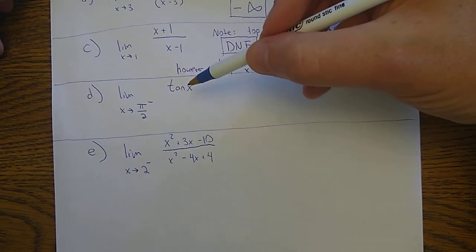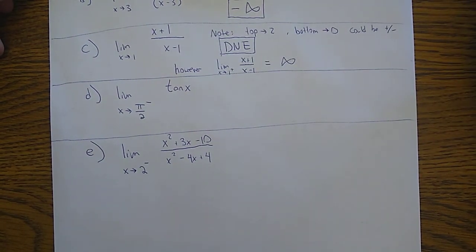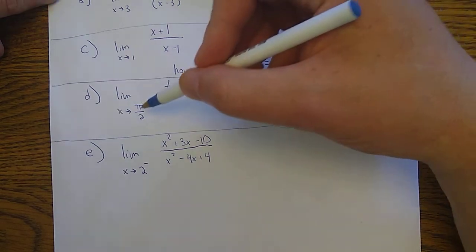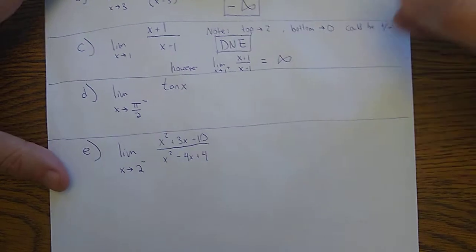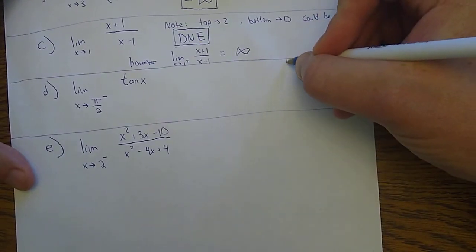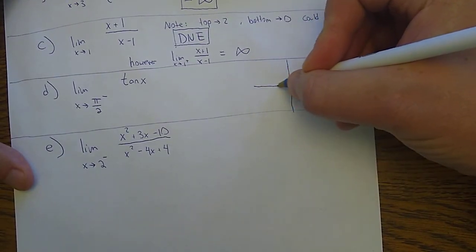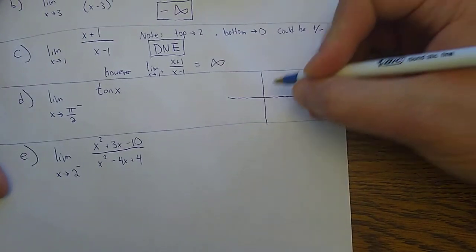Yeah, so there's also things like this for trig functions, like the limit as x goes to pi over 2 from the left of tan x. And for this, it helps if you just take a look at the graph of tan x.